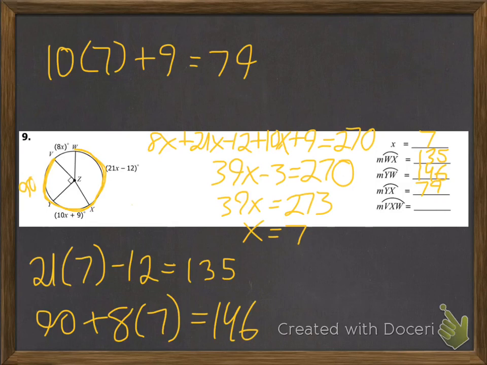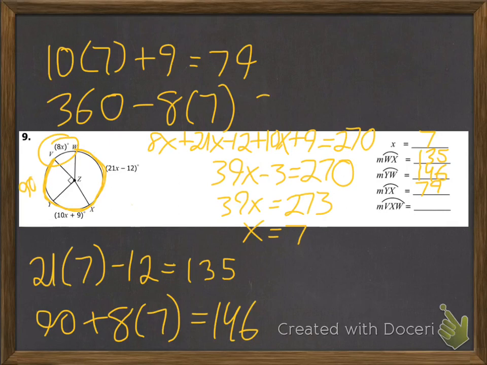Now it's pretty much the entire circle except for the 8x right there. So my advice is just do 360 minus 8 times x, which would be 7. So 360 minus 56, you're going to end up getting 304. And that's all there is to it.